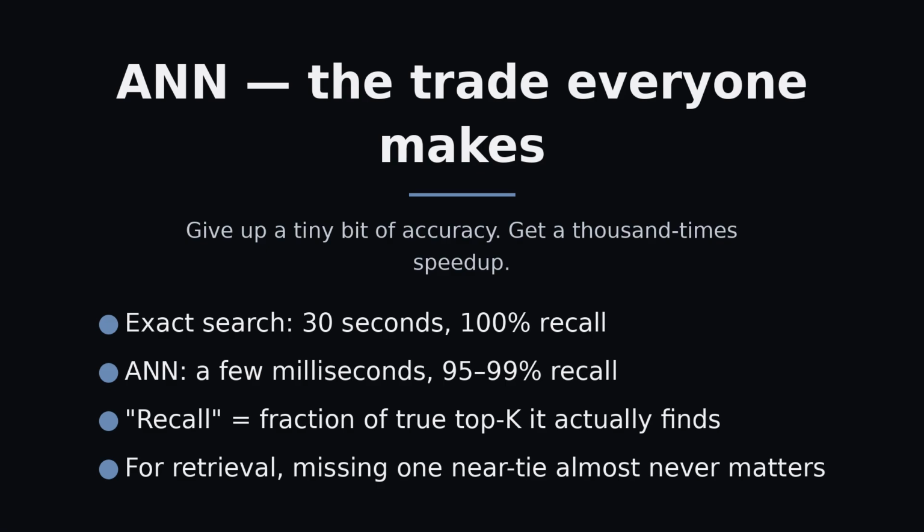The metric everyone reports is recall, the fraction of the true top K that your approximate search actually returned. A well-tuned index hits 95 to 99% recall while running in single-digit milliseconds. And honestly, for retrieval, missing one near tie almost never matters. The user can't tell. So basically, every production system uses ANN.